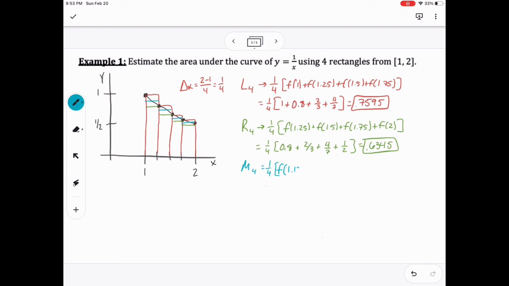So here for the midpoint, I'll use 1.125, 1.375, 1.625, and then 1.875. And that allows me to get 0.6912. Okay, so that's probably the best guess right there, best estimate.